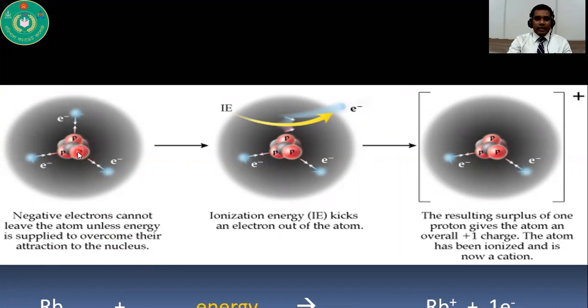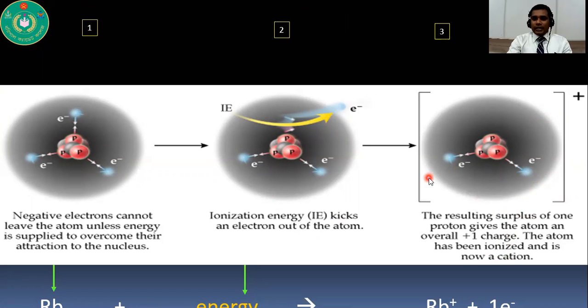These electrons are attracted by protons, so if there is no energy, this electron will not leave this atom. If we give energy, this energy kicks an electron out of the atom, so it becomes positively charged.